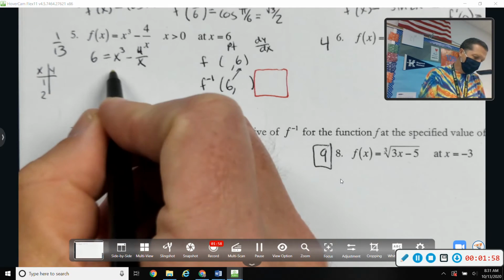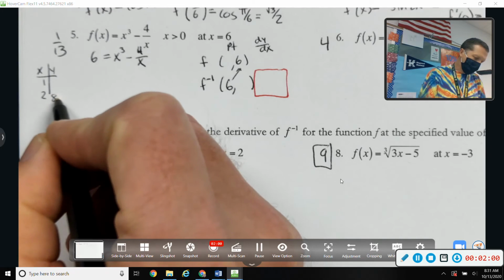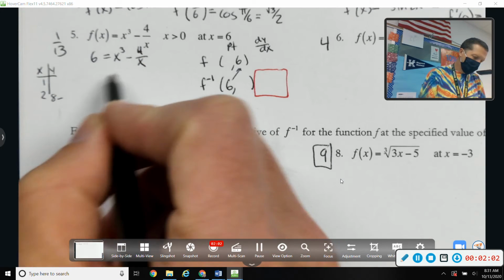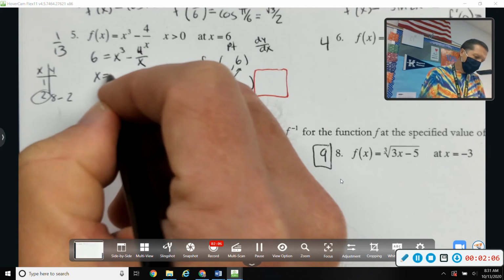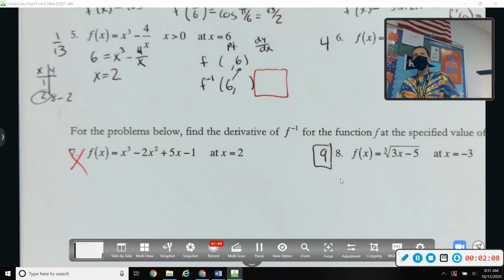If we try 2, that would be 8 minus 2, that would be 6. Okay, so guess and check. The ones on the test are not guess and check ones. You can find them more directly. One of them's trig, so you got to know your trig, but it's not, let me guess until something works. You'll be able to solve for x.